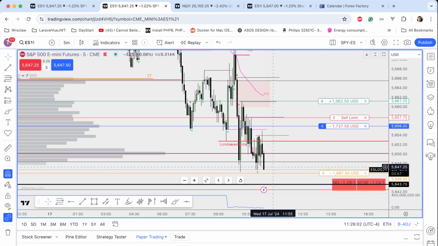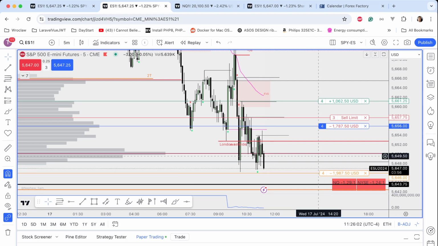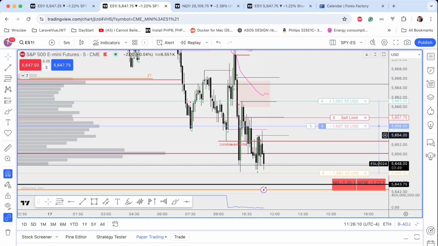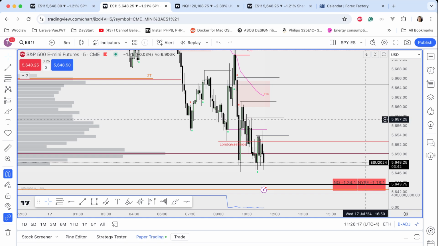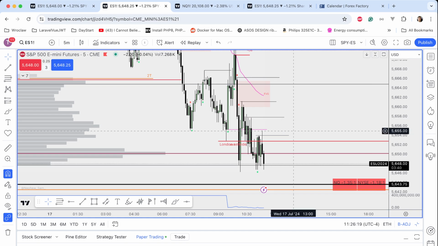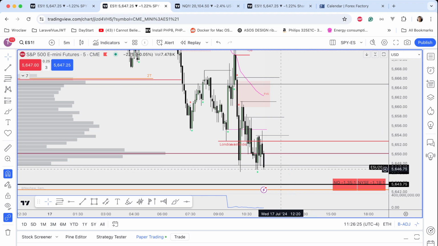Yeah, for sure they're gonna go down there. All right, so that was the last chance to get out with the small loss, which I didn't use. And now I'm pretty sure it's just gonna push through this thing. So let's try.